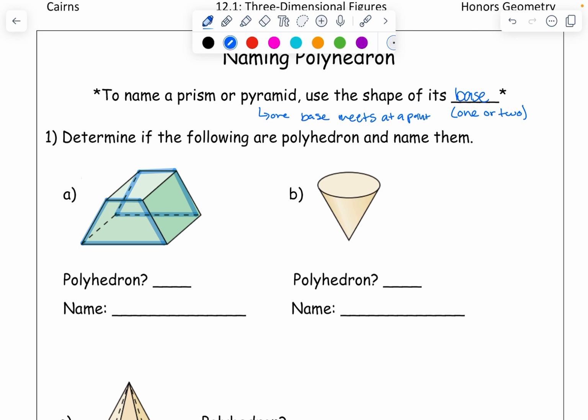And it doesn't have a point, so we're going to have a trapezoidal, because that's our base. And since there's no point, it's going to be a prism. Is it a polyhedron? All the sides are straight and they have 3 or more sides, so there's no circle. So we are able to say yes, it is a polyhedron.